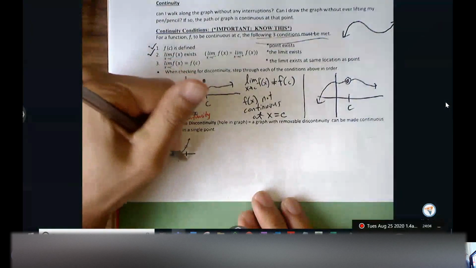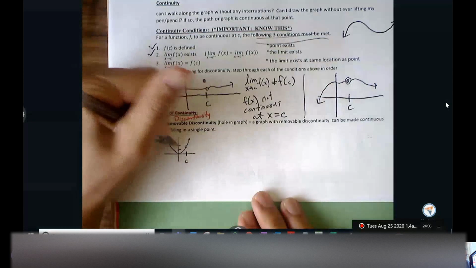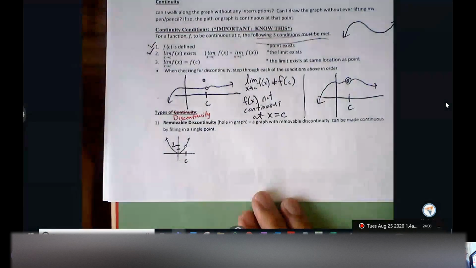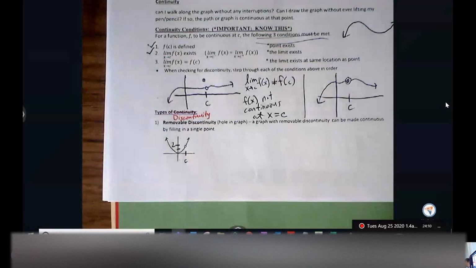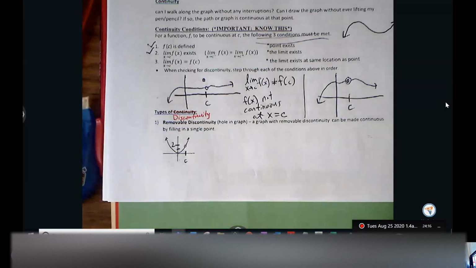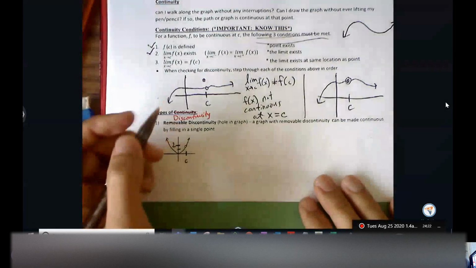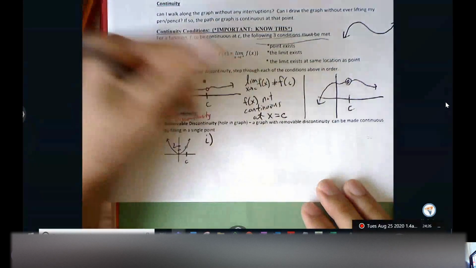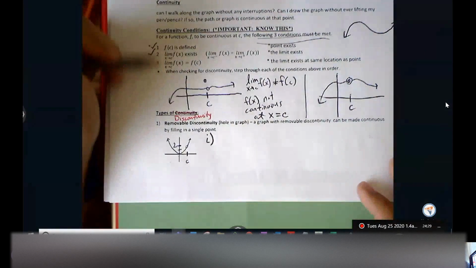So let's say we had some c value, and let me make that the location of that hole at a y value of 2. So let me just step through the conditions to get some additional exposure to these continuity conditions.